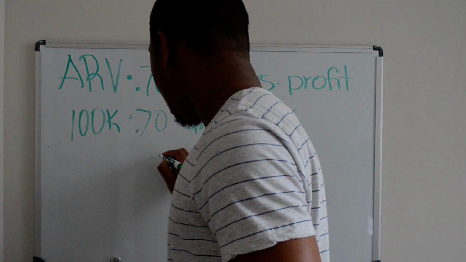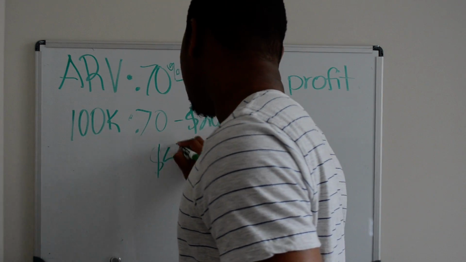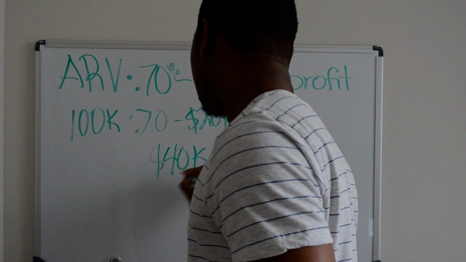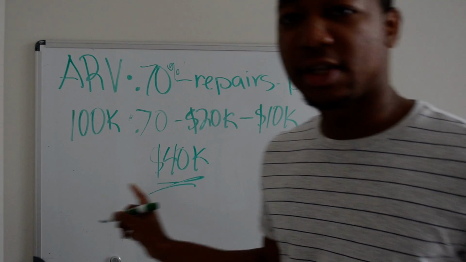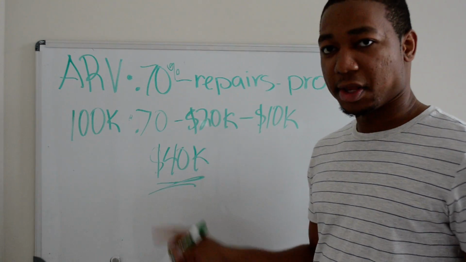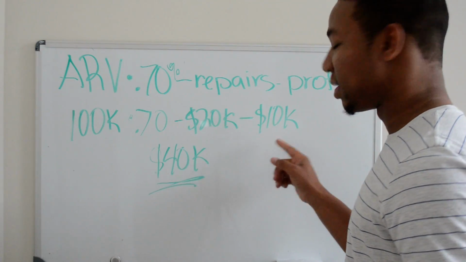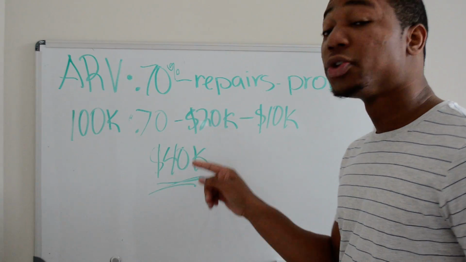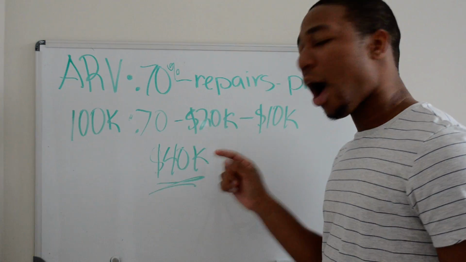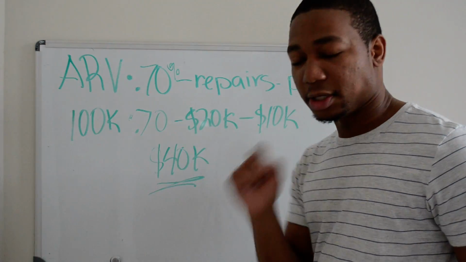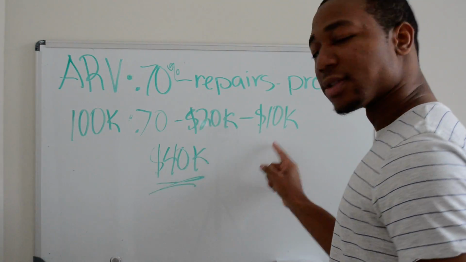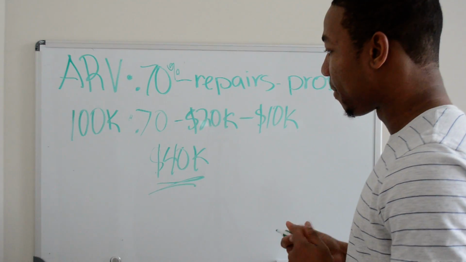So on this property that can resell for $100,000, the most we can offer this seller or this homeowner is $40,000. So at $40,000, we're making $10,000. I hope that makes sense. So let me say it one more time. If we offer the seller $40,000, we're going to make $10,000 on this deal, okay?